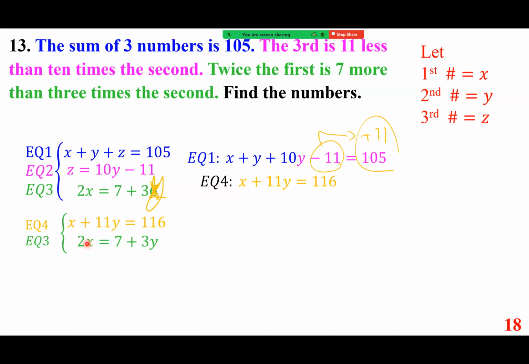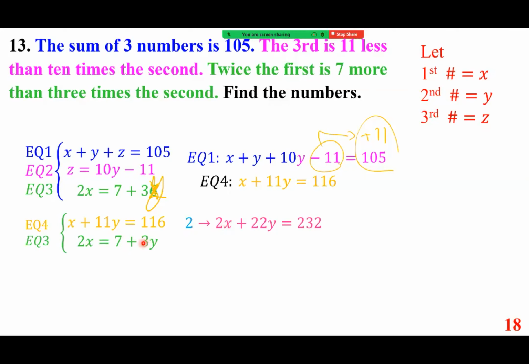Since this is 2X, here's again a slightly different method, a mixture of substitution and addition. Since this is 2X, I can multiply this one and change this to 2X. So 2X and 22Y is equal to 232. And now this 2X, I can replace it with 7 plus 3Y.